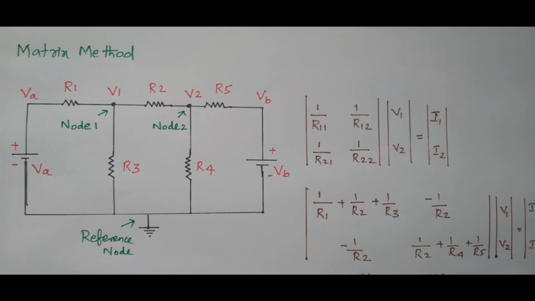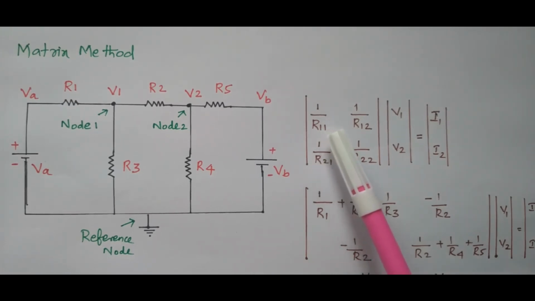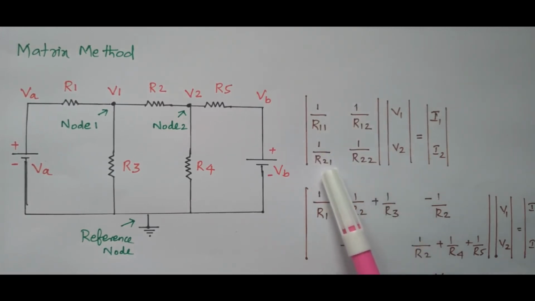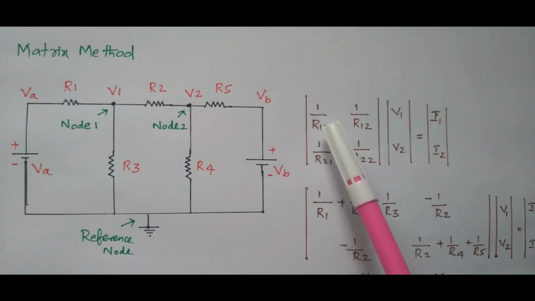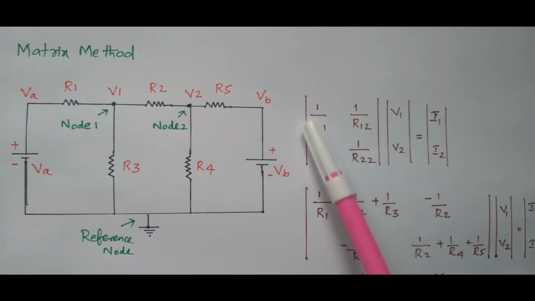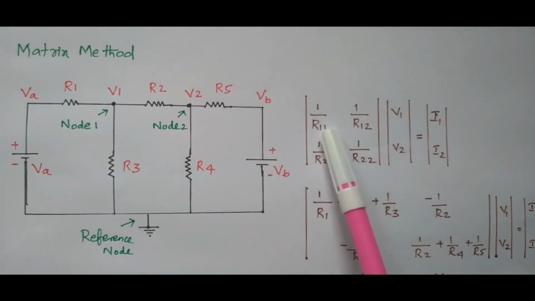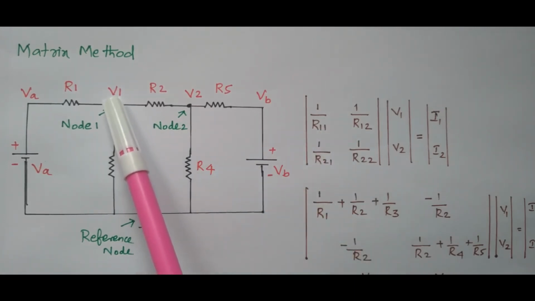First we will find the resistance matrix. What is available here? 1 divided by R11, 1 divided by R12, 1 divided by R21, 1 divided by R22. What is 1 divided by R11? R11 is nothing but the resistors connected in node 1.